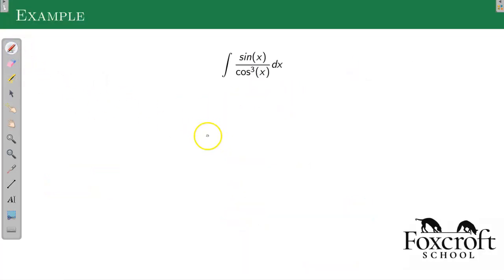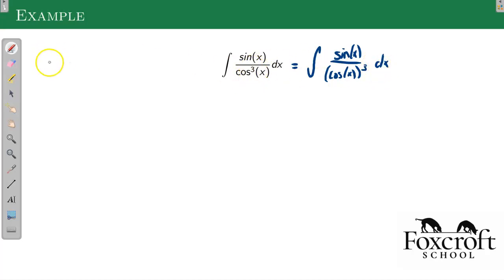All right, this problem: the integral of sine of x over cosine cubed of x. This isn't an obvious problem where you're going to use substitution because normally we see parentheses, but one thing to always remember is that whenever you have those powers on trig functions, they're actually just shorthand for it looking like that. This 3 is just telling us it's cubed.